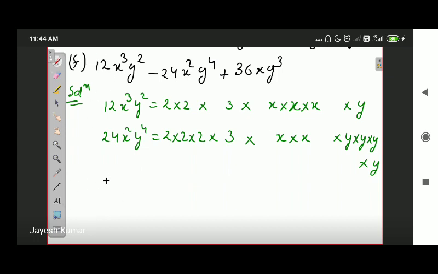And lastly you have 36x y cube. So this will be 36 is 2 into 2 into 3 into 3, x as it is, and y cube is y into y into y.